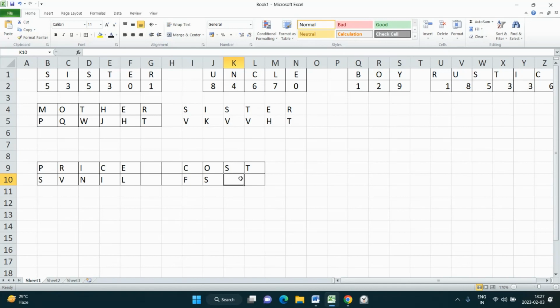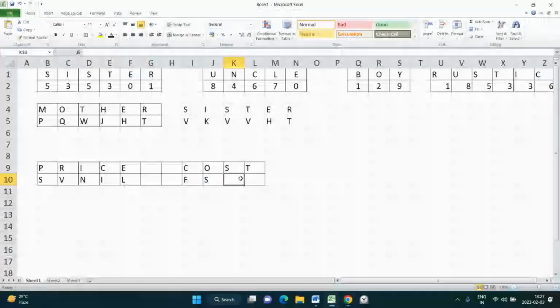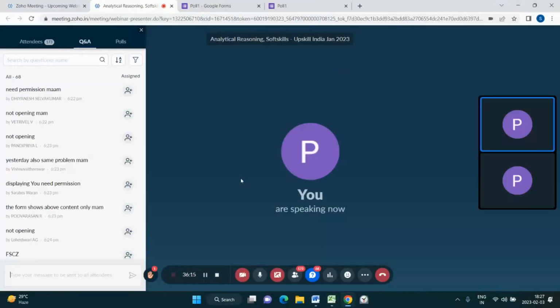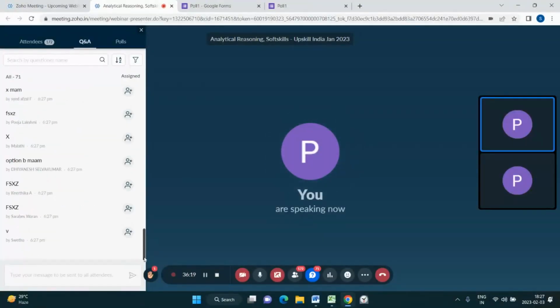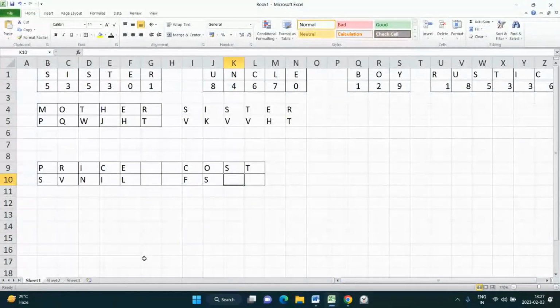What is ST? Anybody has written that? Yes, SCZ. Very good. All of you are trying. S is I is N. I is 1, 2, 3, 4.